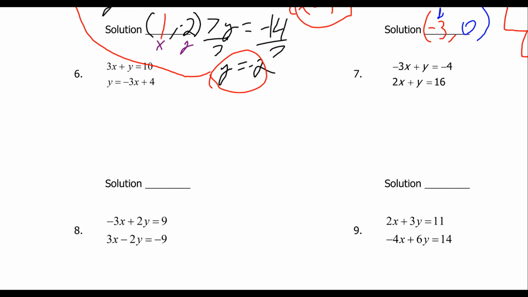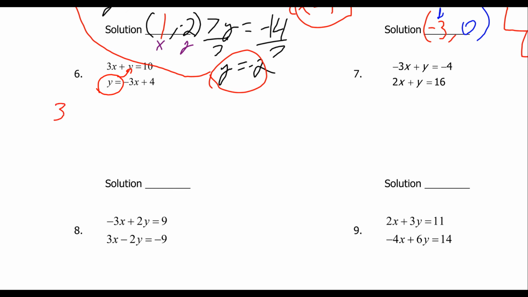Okay, so moving along here, we've got 3x plus y equals 10, and y equals negative 3x plus 4. Now, the best method of approach here, since we have this y equals, we're going to use substitution. So we go ahead and plug in right there. It is just that simple of a substitution.